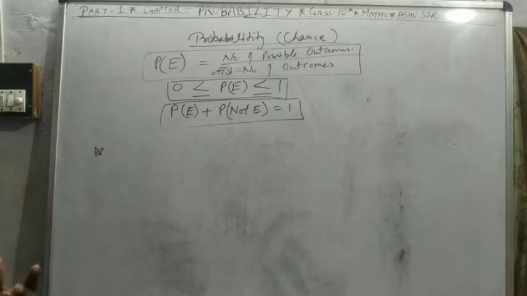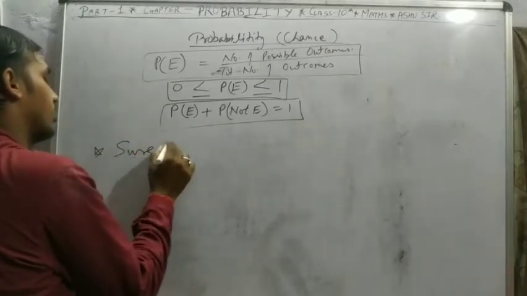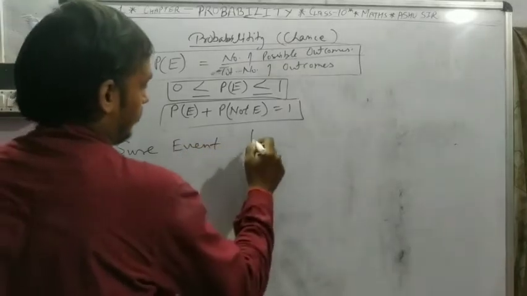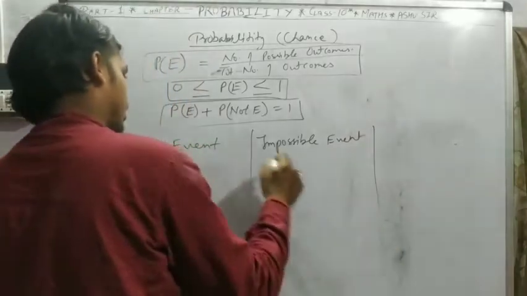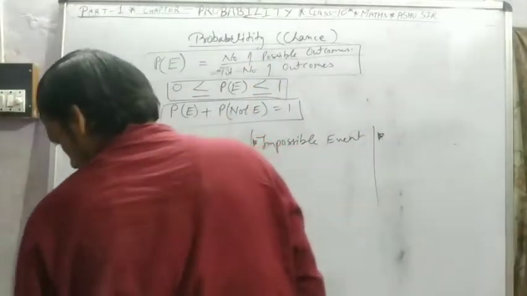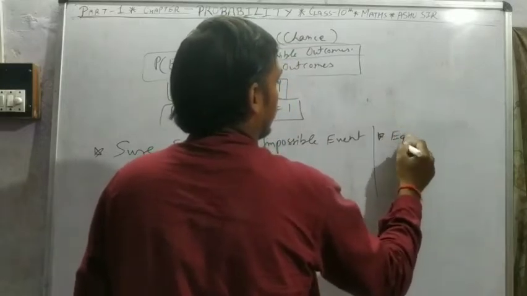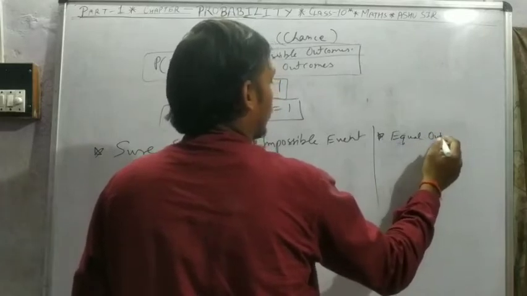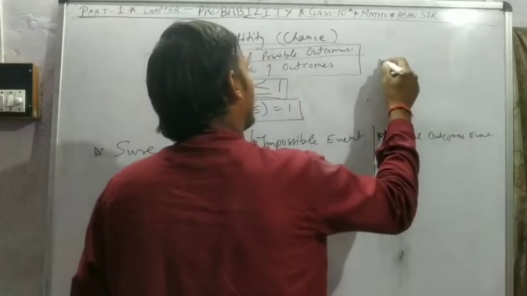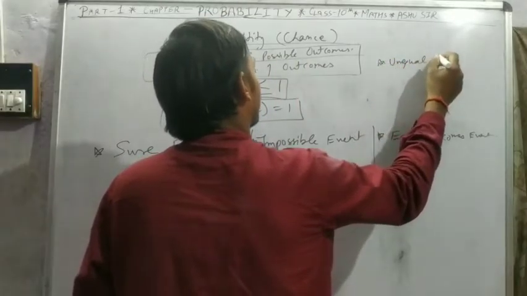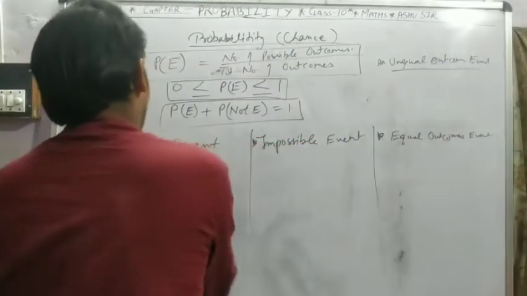They all are events. There are four types of event: sure event, impossible event, equal outcomes event, and the fourth is unequal outcomes event.